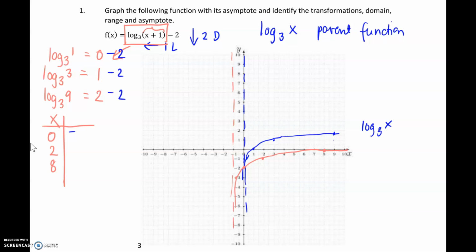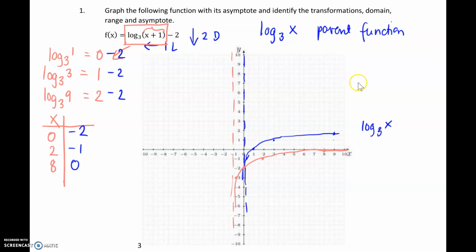So 0 minus 2 is -2, 1 minus 2 is -1, and 2 minus 2 is 0. So over here we have a point (0, -2), we have a point (2, -1), and we have a point (8, 0), just like we graphed it when we moved our values over.